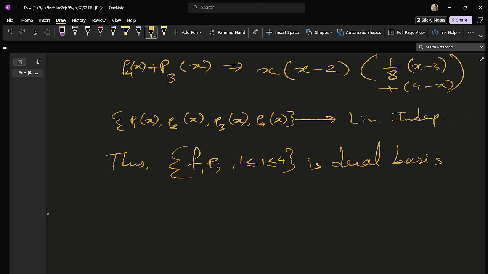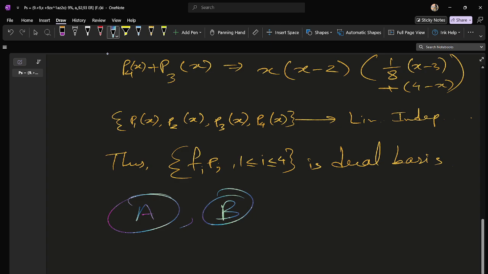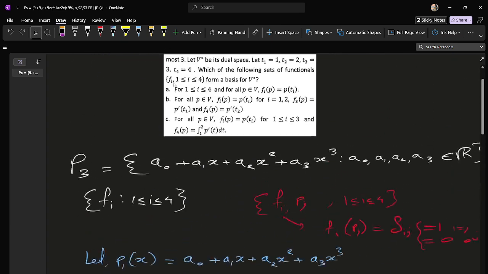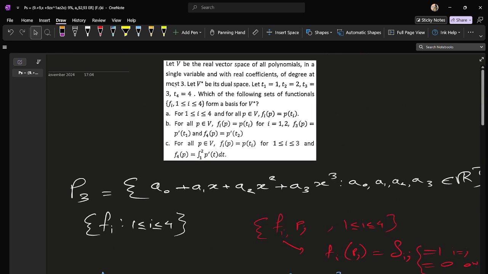Similarly we can do this for options B and C, but we can easily check that the correct options are A and B, but C is not correct. We would have to do much more calculation for that. So I am saying that the correct options are option A and B.